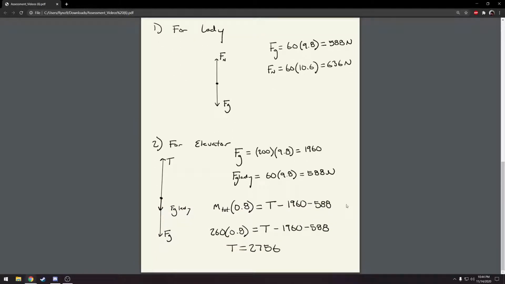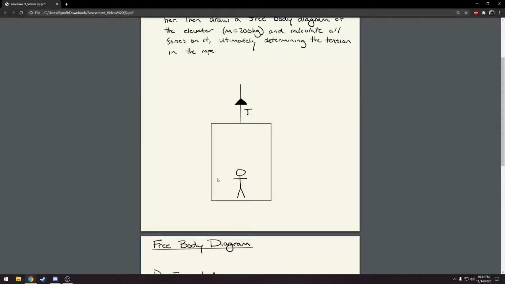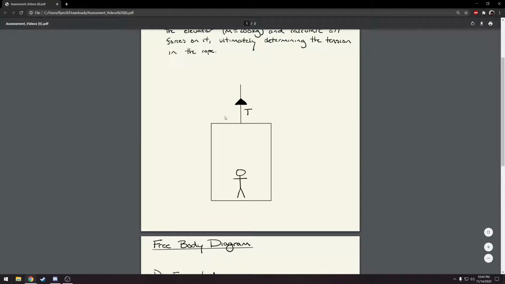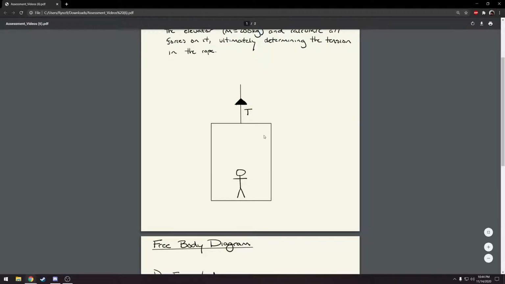Now for the elevator, it's a little more complicated. We have the tension of the rope pulling it upward. We also have the force of gravity pulling it down from the elevator itself, because it also has a mass. And then we also have the lady herself pushing the elevator down too.